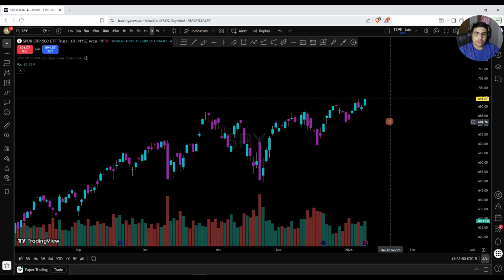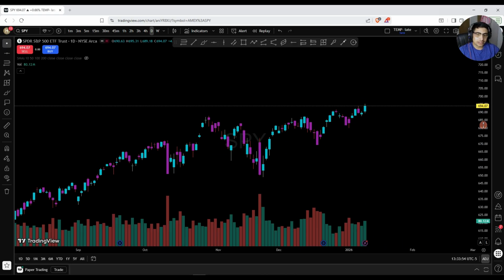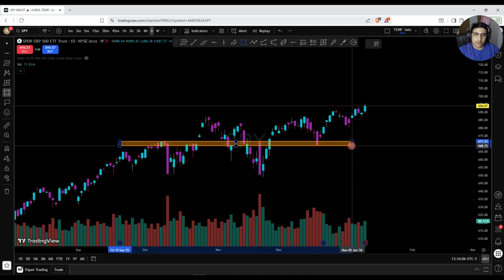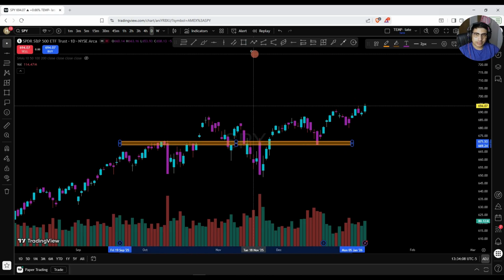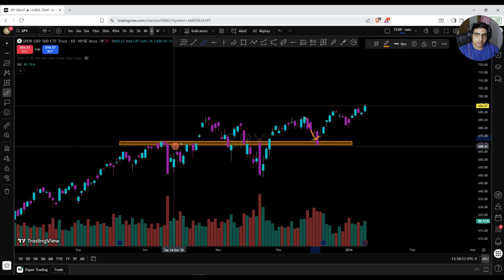Another thing we need to look into is whether it's going to work as a support. Let's say that's the resistance level we had for a long time, but when people thought, okay, a breakdown is happening from there, it found support at what was a resistance a long time back, and it went up.